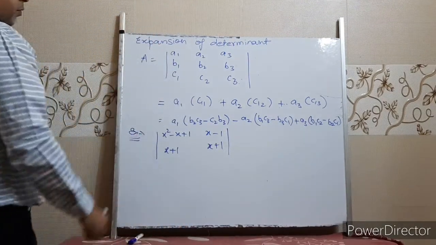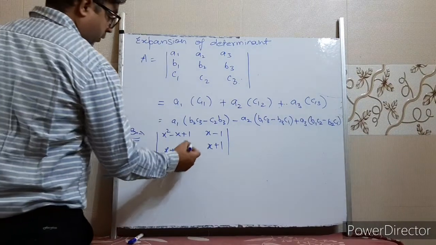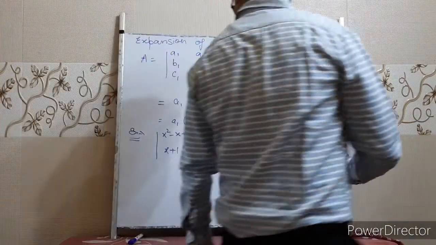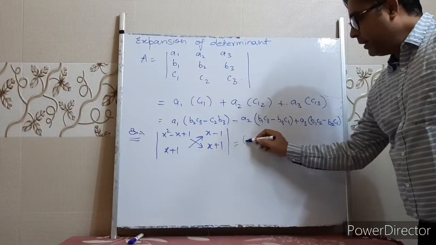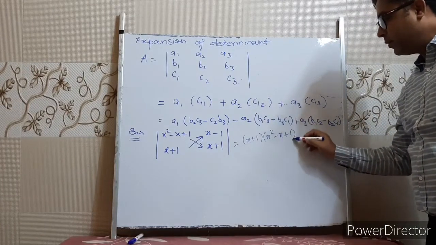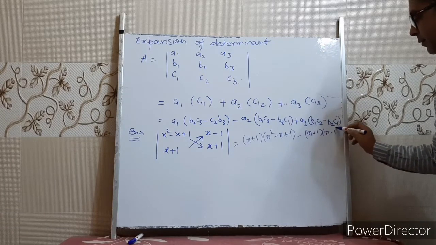Suppose you have to expand this determinant, find the value of this determinant, then what we'll do? We'll find the product of this minus the product of this. It will be like x plus 1 into x square minus x plus 1. Right? Here we are getting x plus 1 into x minus 1.